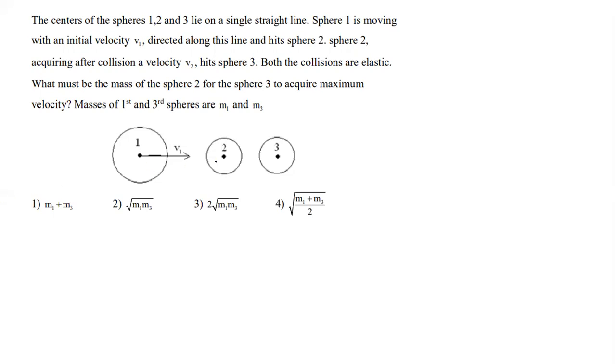Okay. We need to find v2 first. Okay, so before collision, momentum m1 v1 is equal to, after collision, m2. After collision, it moves with what velocity? With a different velocity. Am I correct or not? Yes or no? Yes.